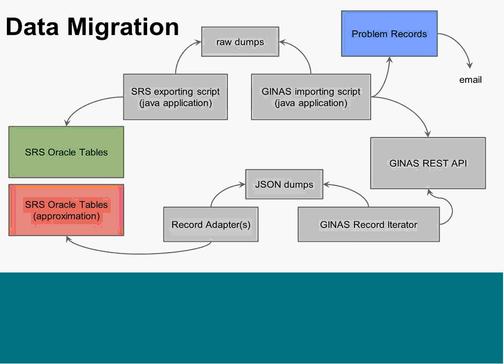So at the moment, while we're trying to test this, we have this general workflow. We have this exporting script, which takes the data that's in the tables and does massaging to try to get things to the requirements of the JSON schema. Those are raw dumps. We then use an importing script which hits the API and tries to register each one into the system.